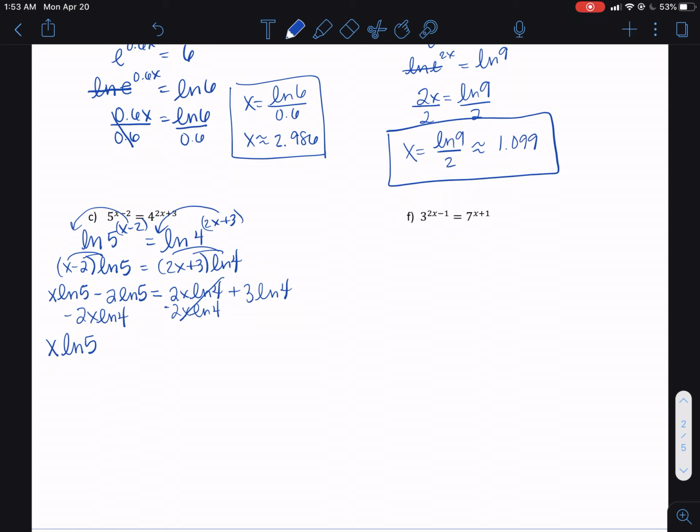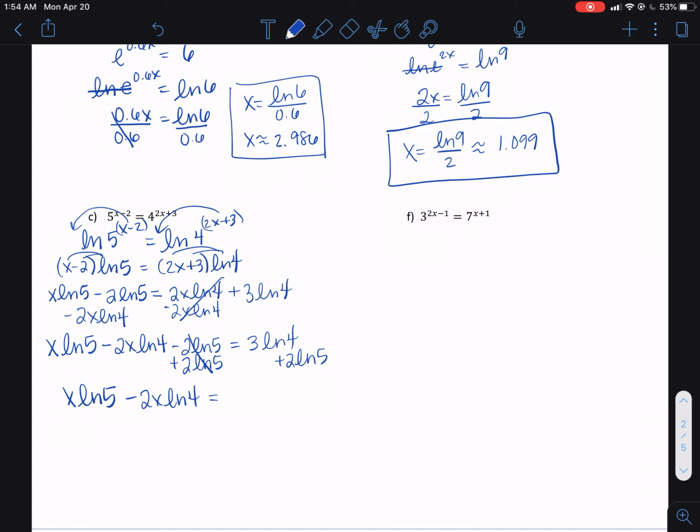So x natural log of 5 minus 2x natural log of 4 equals minus 2 natural log of 5 equals 3 natural log of 4. And then we're going to add our 2 natural log of 5 to both sides. So now we have x natural log of 5 minus 2x natural log of 4 equals 3 natural log of 4 plus 2 natural log of 5.